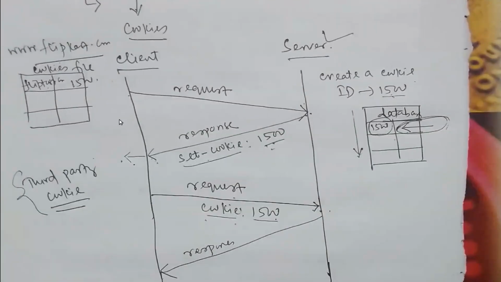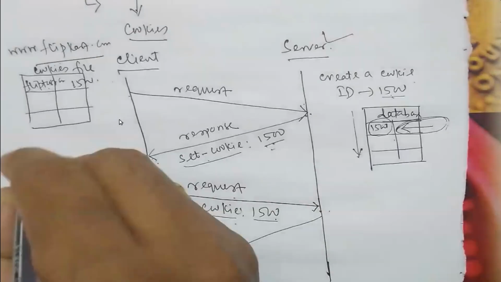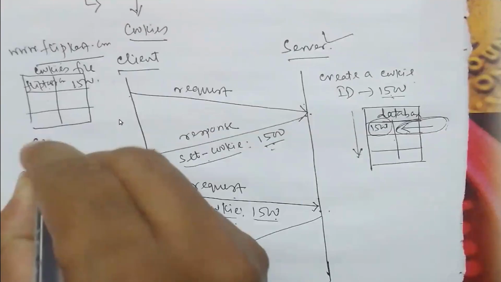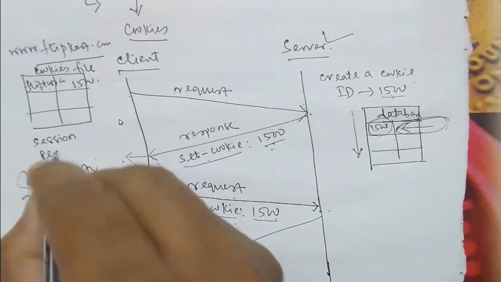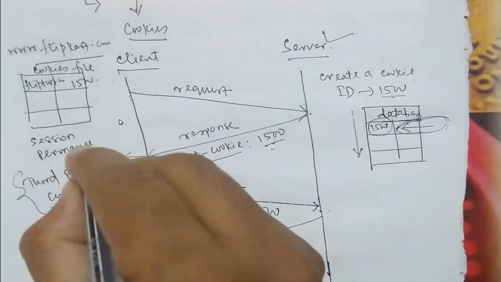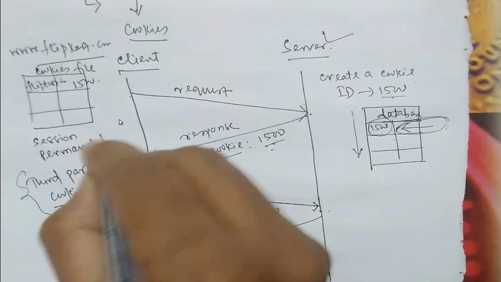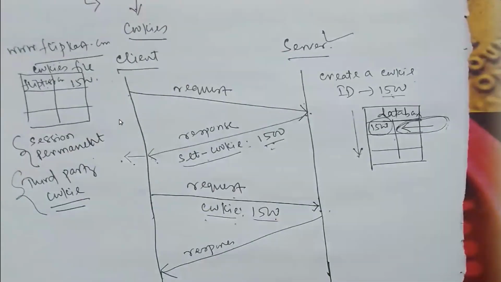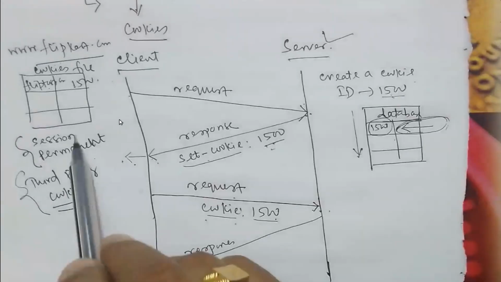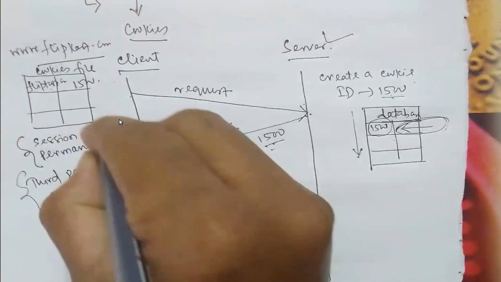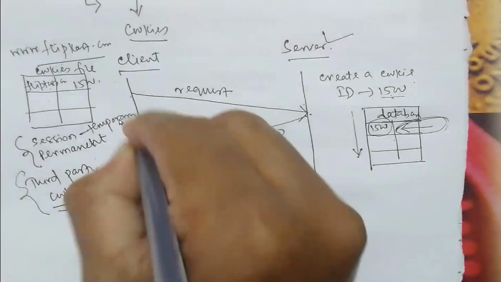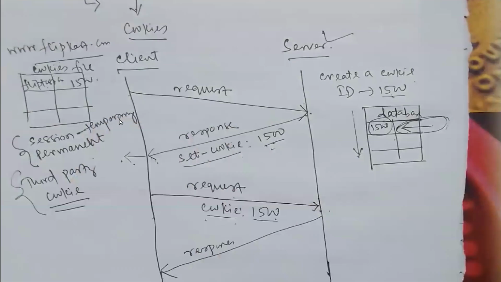Understood? There are other different types of cookies also. You can have a look into it behind the scenes. One is called a session cookie. Another one is called a permanent cookie. There are other types of cookies too, but most importantly we have to understand the session cookie, permanent cookie, and third party cookie. A session cookie is a temporary cookie. It only remains till your browser is on.